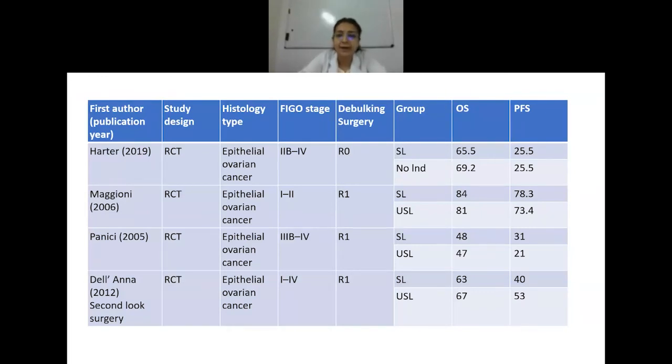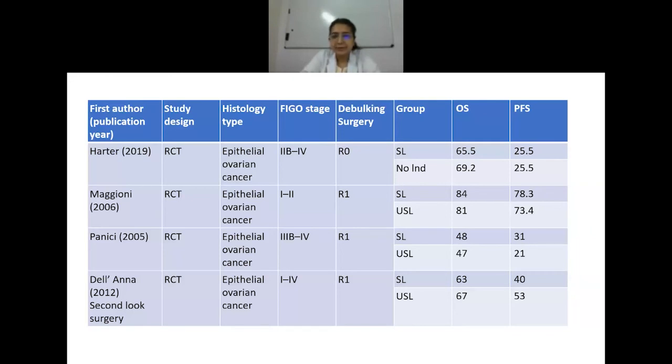In 2019, Harter et al. showed that in epithelial ovarian cancer in advanced cases with R0 resection, with systematic and no lymph node dissection groups, there was no benefit in OS and PFS. In Magani, they included epithelial ovarian cancer stage 1 and 2 with R1 resection, and systematic lymphadenectomy and sampling was done.